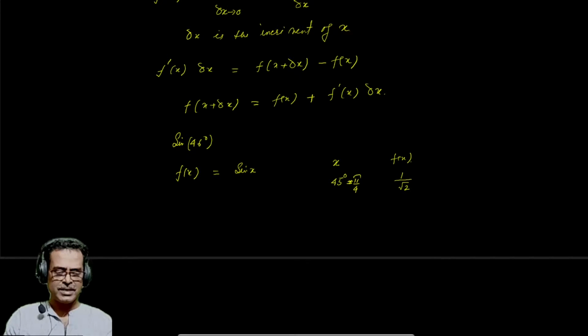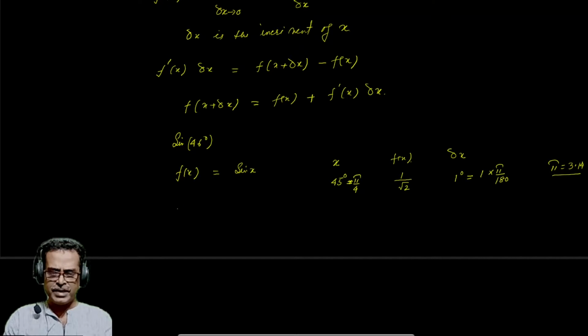Now del x is equal to 1 degree, but we can't use degree in calculus, so we have to convert it into radian. So 1 degree is equal to 1 into pi by 180 radian. Here pi is equal to 3.14 approximate.